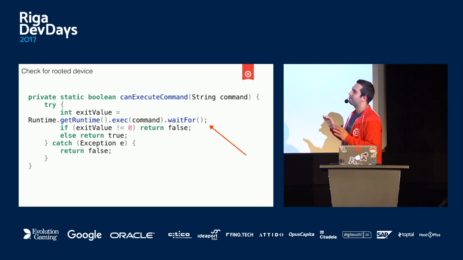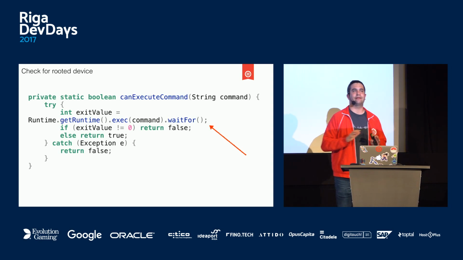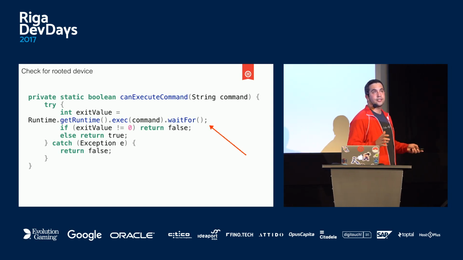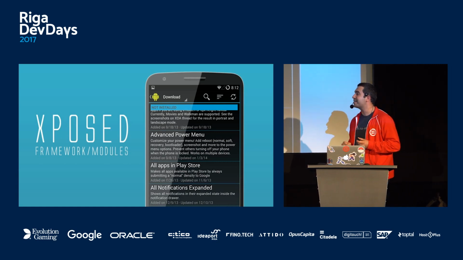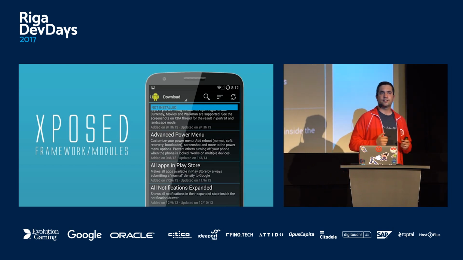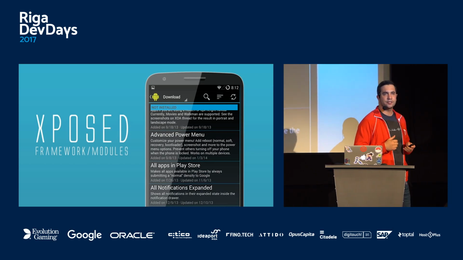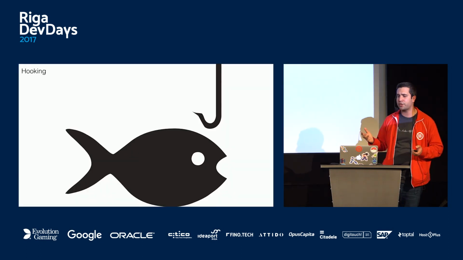Because when a device is rooted, you get access to everything on it, like everything. And if you use something like Xposed, for example, it makes a hacker's life much easier to hack an application. With Xposed, there's a famous hack called hooking.